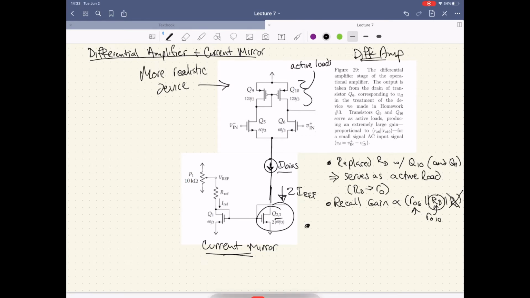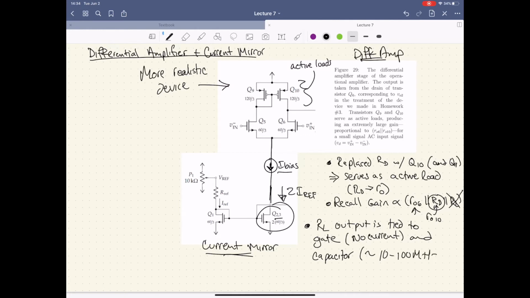So RL here, the output, is tied to a gate, so no current there, and I'll show you where that's going in a second. And a capacitor, which only lets pass through 10 to 100 megahertz. So this is high impedance for the output.